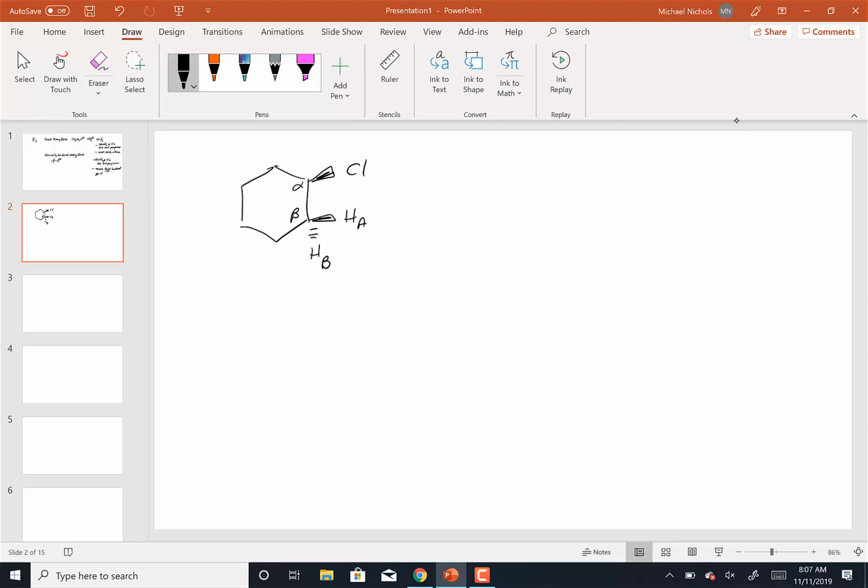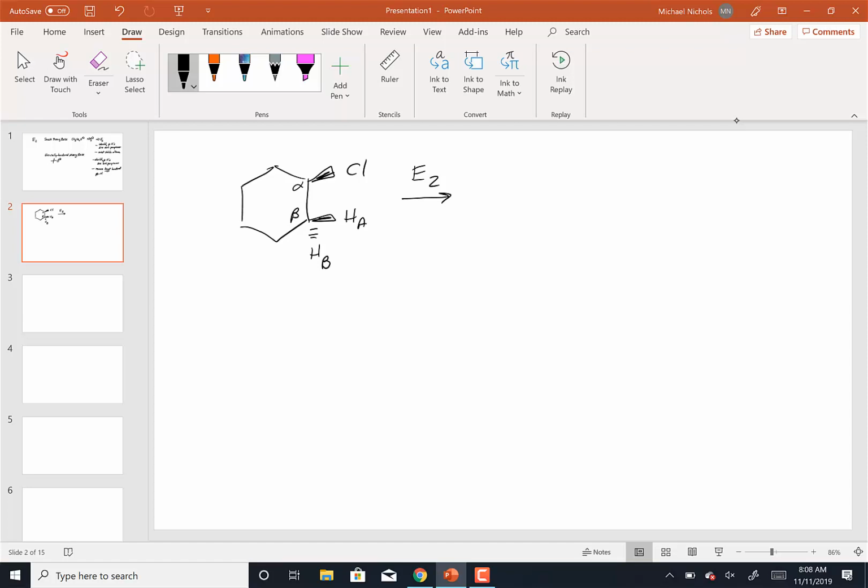So in this case, I have two beta hydrogens, HA and HB. And the question is, which one of those two can be removed by a strong base in an E2 mechanism? Okay. So if I'm going to do E2 on this, one of those hydrogens is going to be anti-periplanar, and one of them will not be.